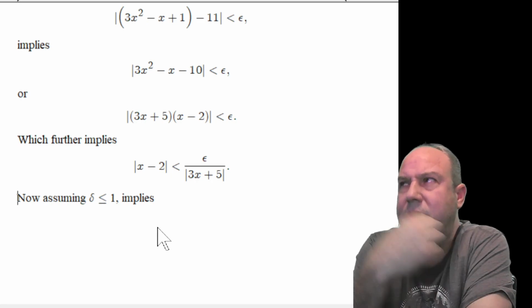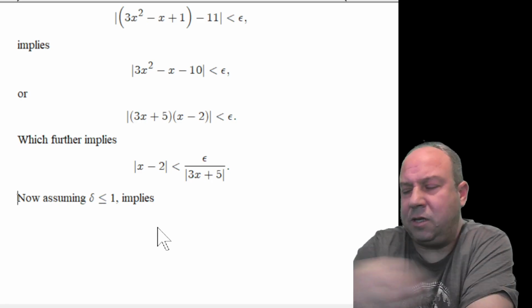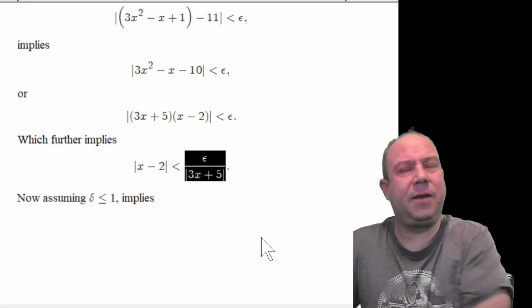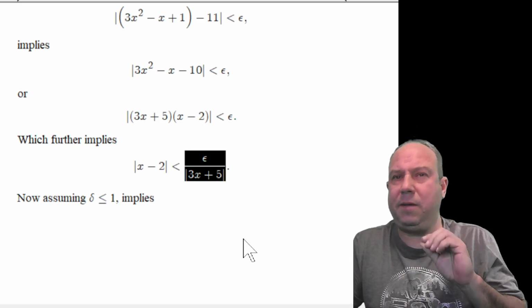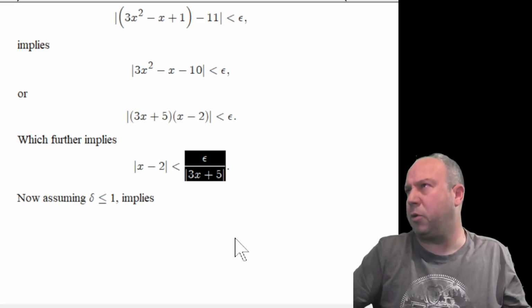What we're always going to probably want to assume about delta, when we go to choose our value of delta that corresponds to a given value of epsilon, is that a good choice for delta is usually going to be pretty small.